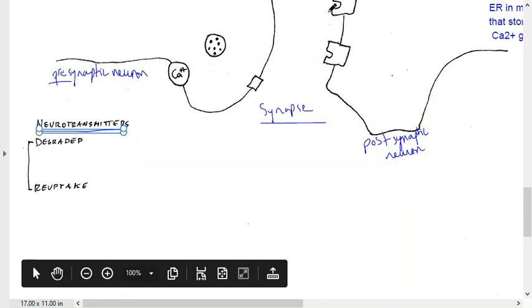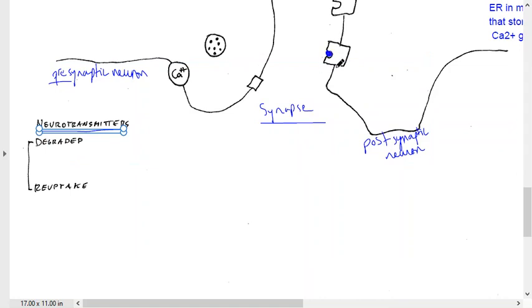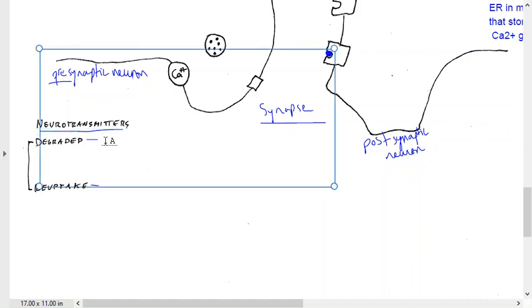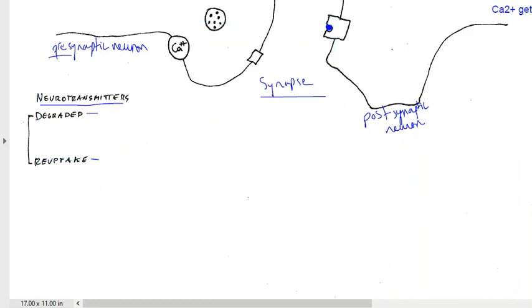So once the neurotransmitter is in the ligand-gated ion channel, you can degrade them or you can reuptake them. These are your two options, degrading or reuptaking. So let's describe what's happening here. Can I please type? Are you going to let me type?